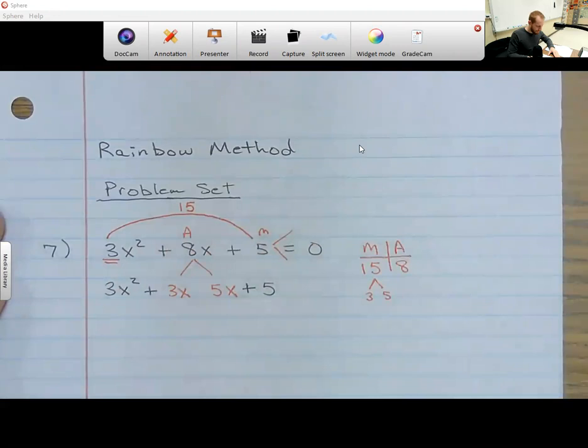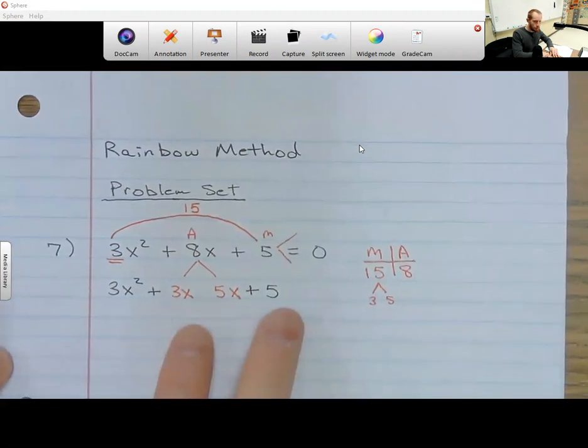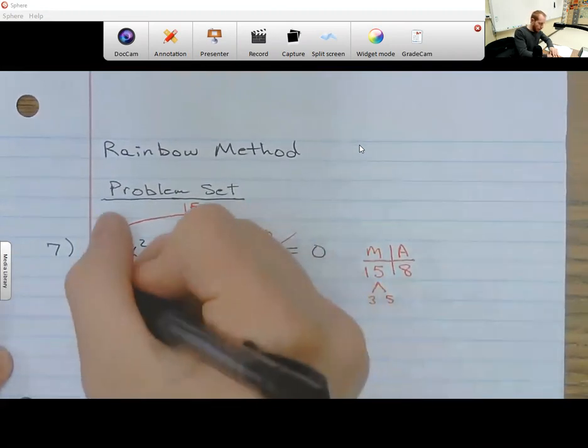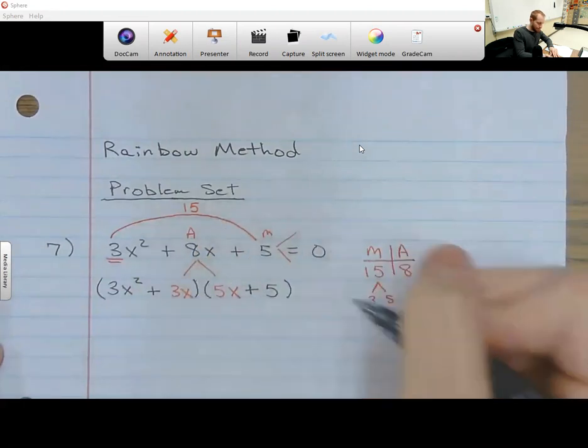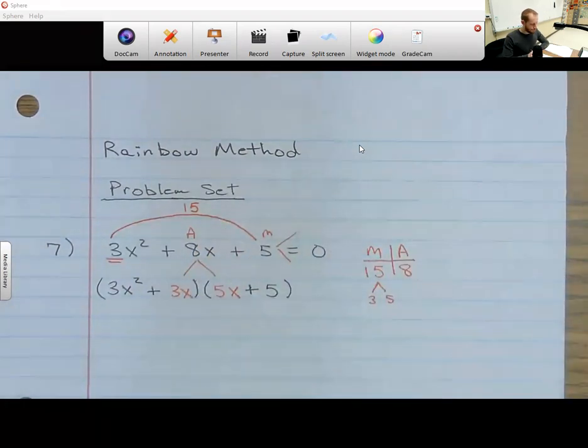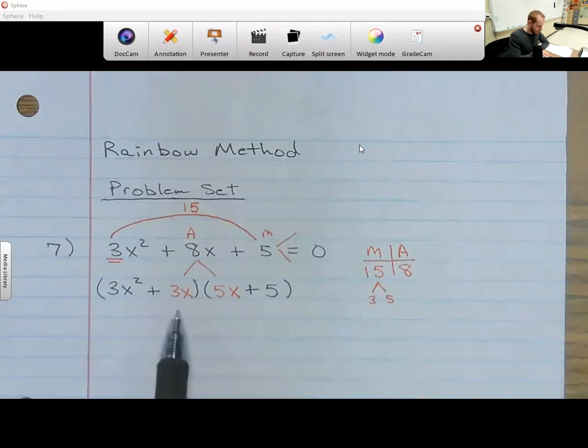So now I've got 4 terms, 2 on this side and 2 on this side. Now I'm going to group the first 2 and the last 2. I'm going to call this group 1 and this group 2.